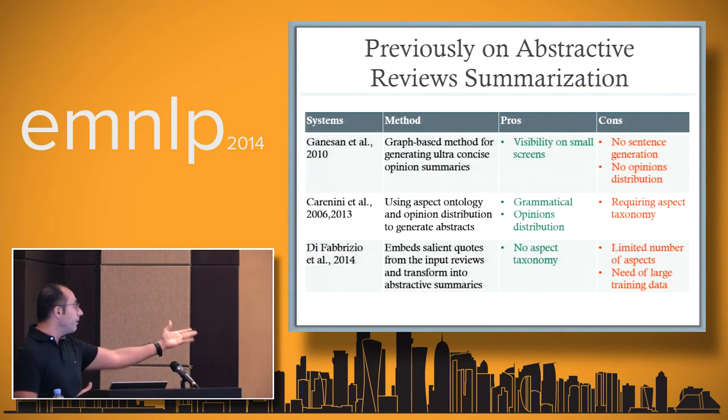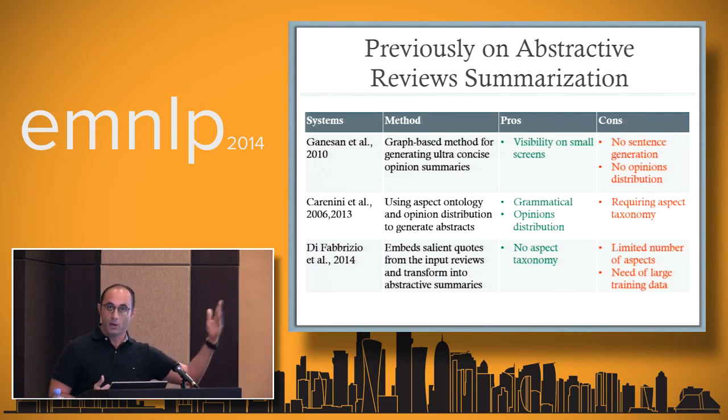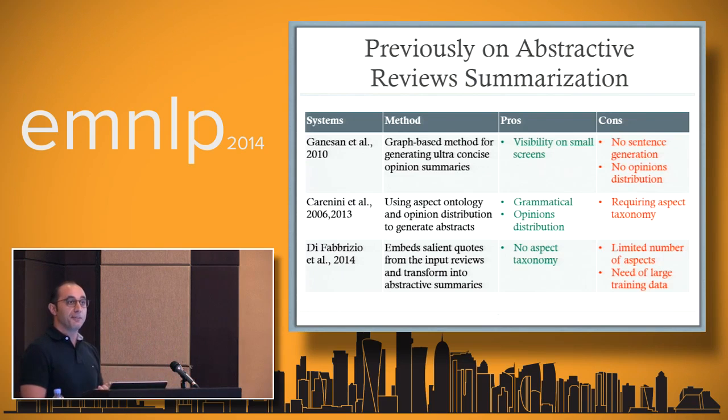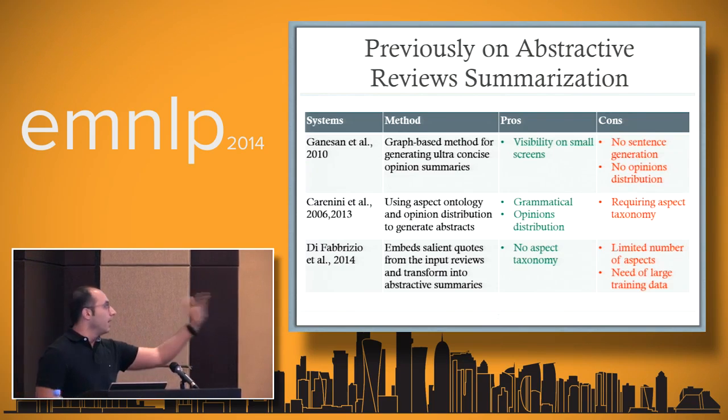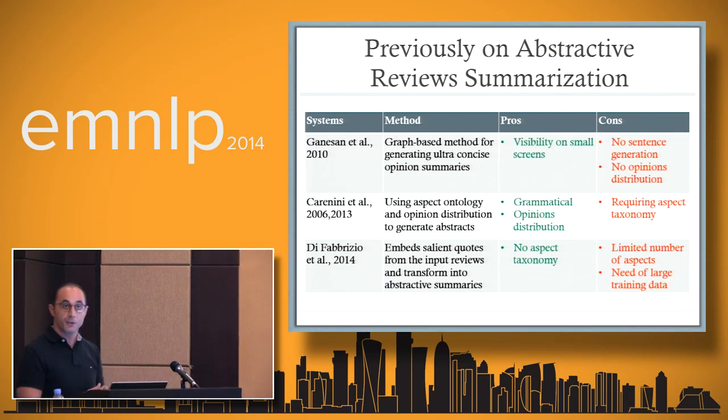The very recent work tried to embed sentiment codes from input reviews and transform them in a supervised way to abstractive summaries. On the plus side, they didn't need any aspect taxonomy, but on the minus side, they had a limited number of aspects as input, so their approach was limited to that number of aspects.